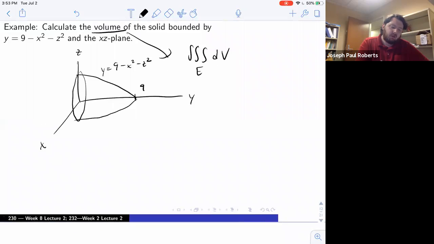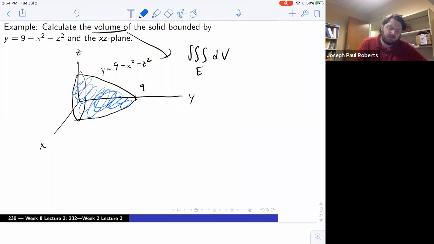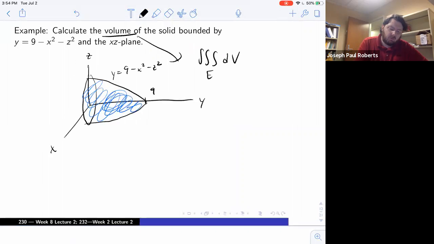Okay, and so with this, it's up to you. If you put dz on the inside, you could do bottom to top surfaces. But I think it's best to do dy on the inside because you're already given the surfaces on the left and the right from this perspective, y in terms of x and z. So it looks like y equals 0 is the left surface, and y equals 9 minus x squared minus z squared is the right surface.